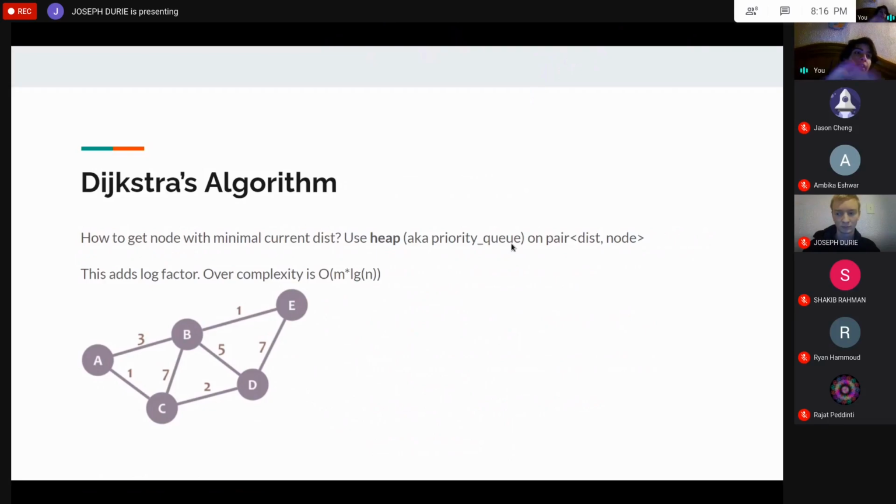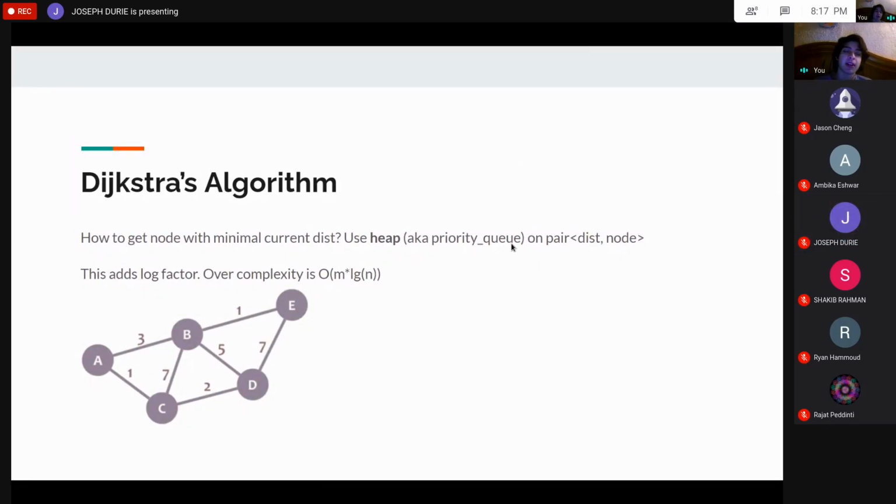So across all iterations, we only use each edge once. This is similar to DFS. So that's sort of m uses of the edge, m sort of taking the edges, and then for each node, we sort of do O(n) work to find the minimal current distance. So that'd be like n squared plus m.